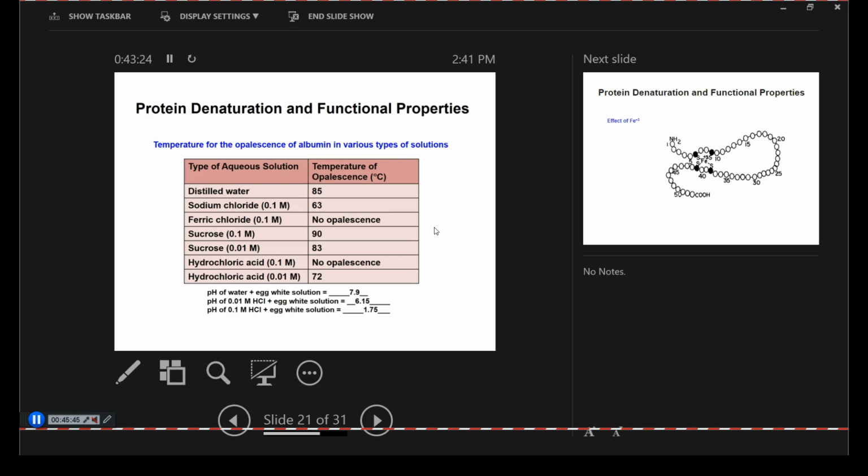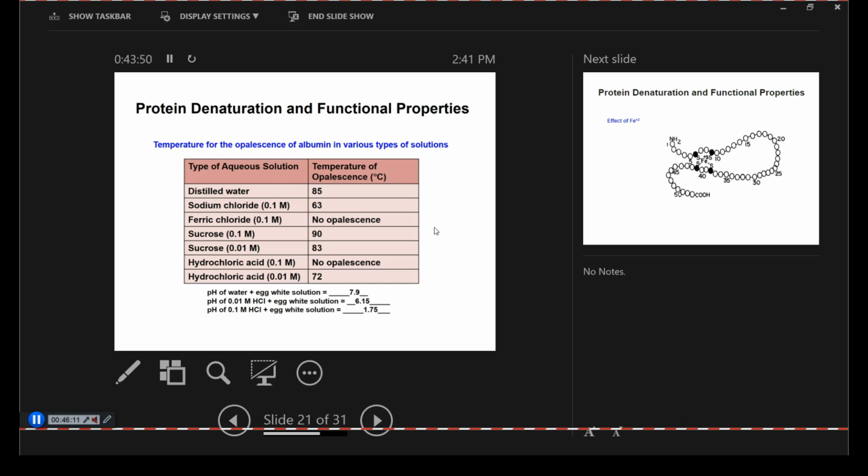So when we added hydrochloric acid and reduced the pH from neutral to close to the isoelectric point, it resulted in reaching denaturation at lower temperature. However, when we added a lot of hydrochloric acid, we passed the isoelectric point.